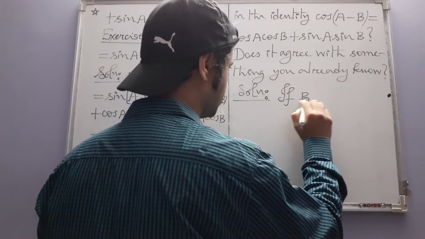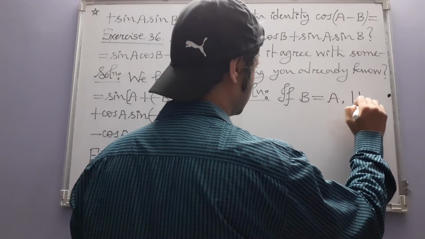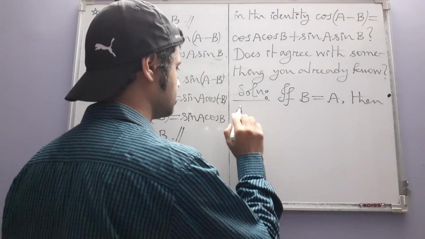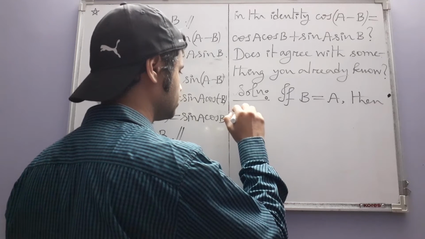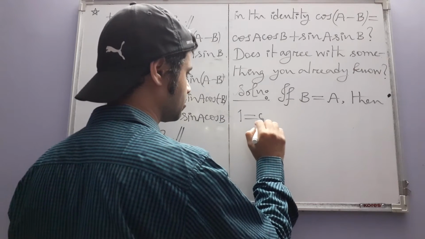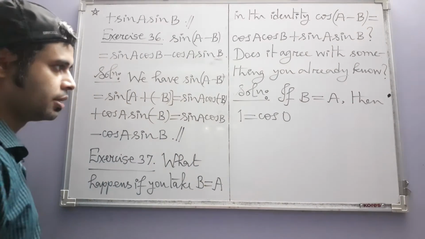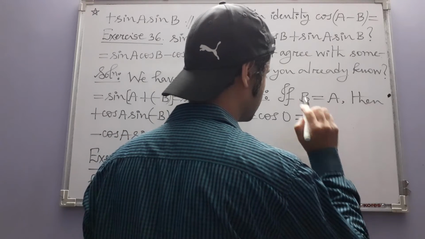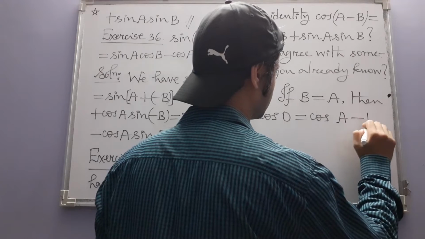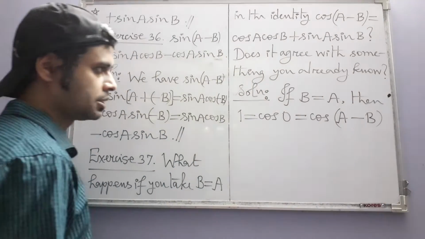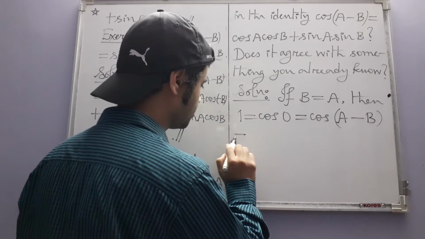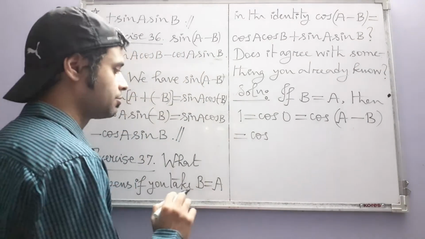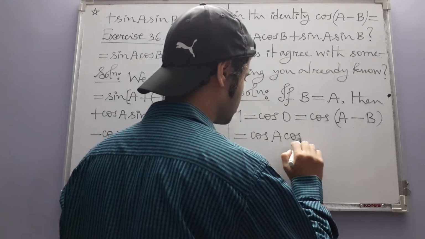If b is equal to a, then we get this. We know that cos 0 radians is 1. But 0 is a minus b if b and a are the same thing. And now if we use our formula, then we get cos a cos b.